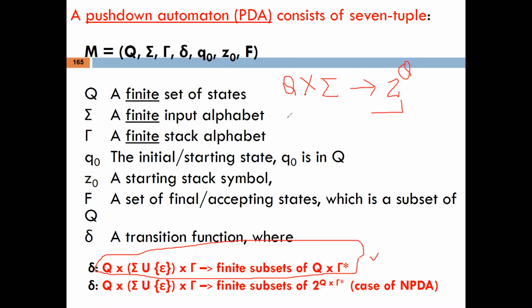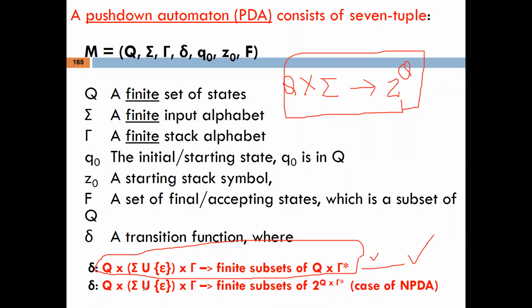So this is the representation of NFA, non-deterministic finite automata. In the same way, we can also define non-deterministic push-down automata. So how can we define it? This is the simple case of deterministic, as I already discussed. So how can we define the case of non-deterministic PDA?